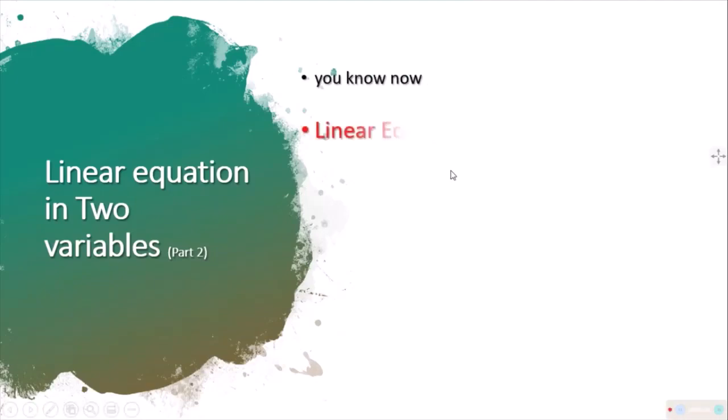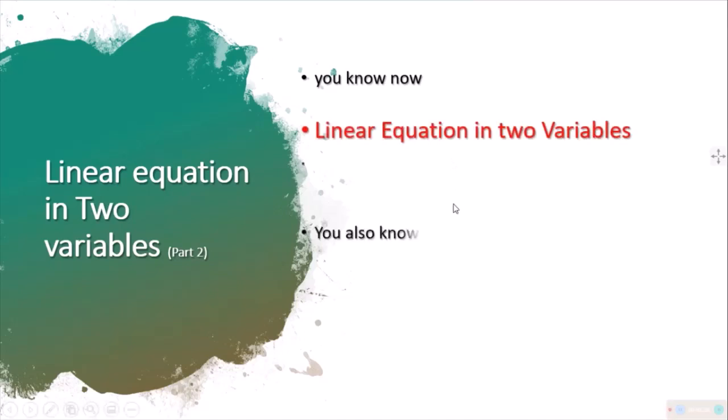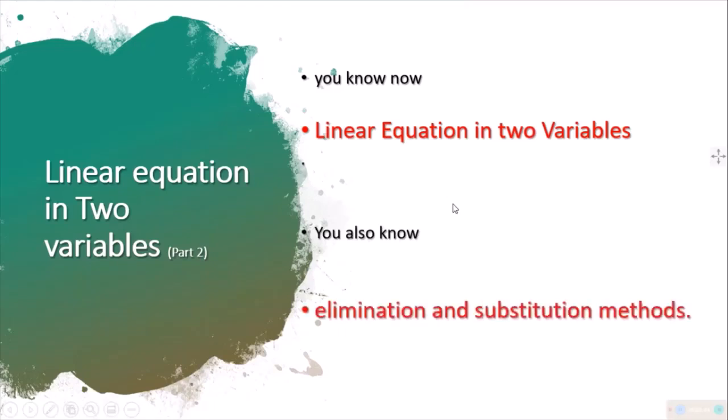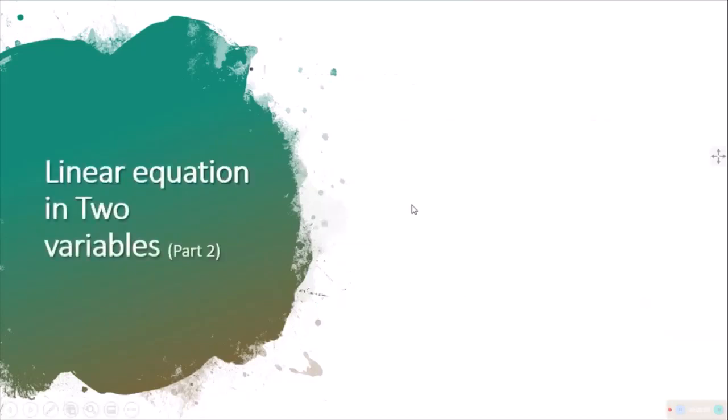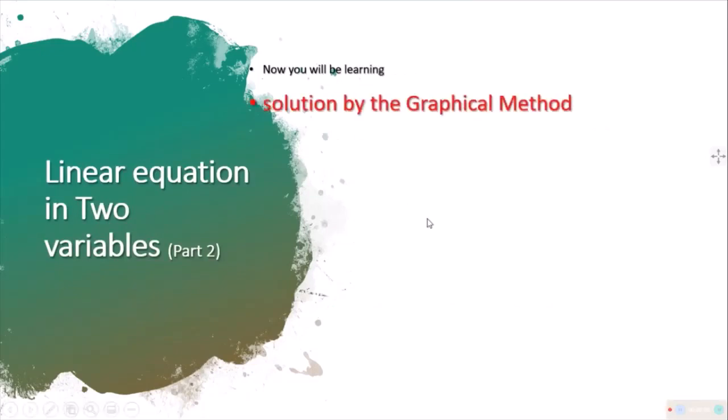You already know what is meant by a linear equation in two variables, and you also know how to find the solution by the elimination method and substitution method. This you have already studied, and that is also mentioned in the last video. Now you will go further to find the solution for a linear equation in two variables by the graphical method.